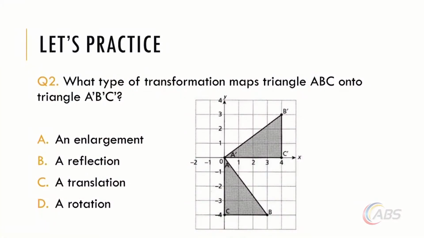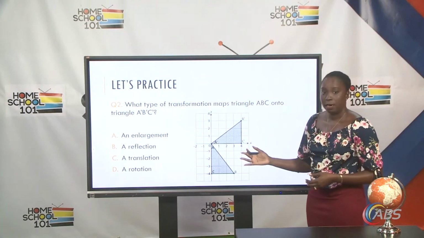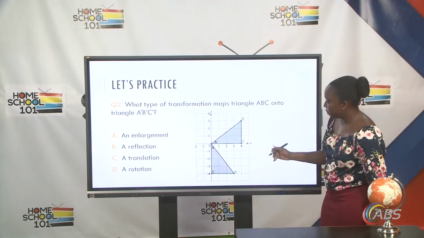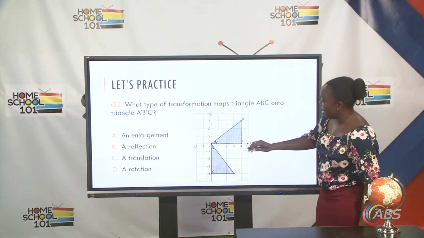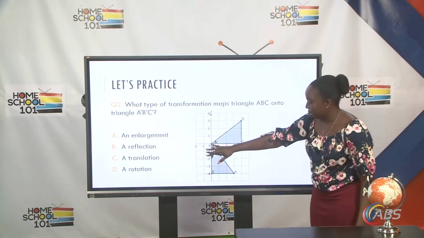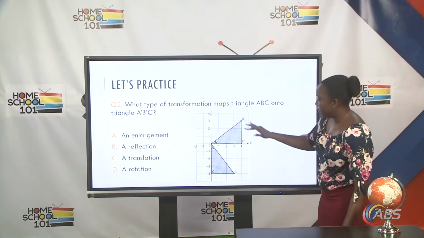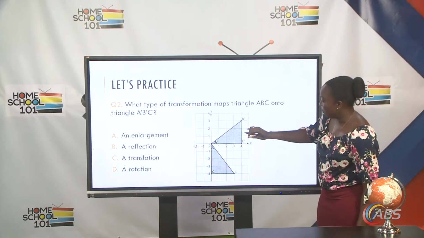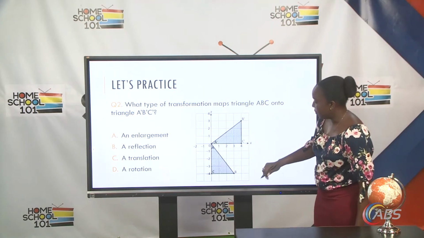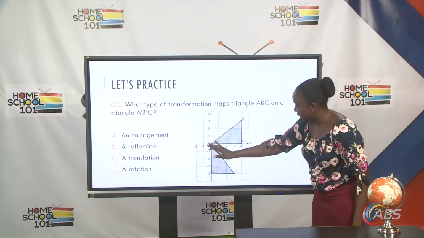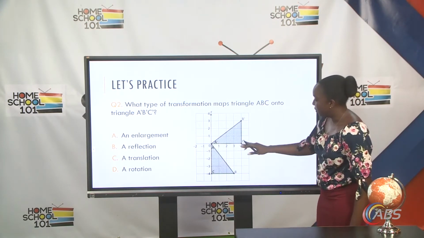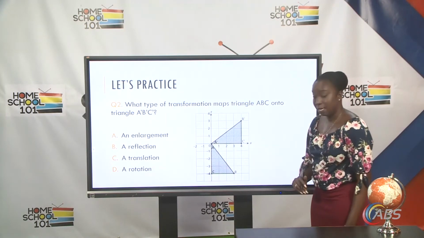And if we had to be specific, we would be able to say what degree of rotation this is. Based on where, if we look not at A because A didn't move, but at B or C, if we look at B and B prime, we'll notice that it creates an angle here. Hopefully you can see the angle that's happening here.